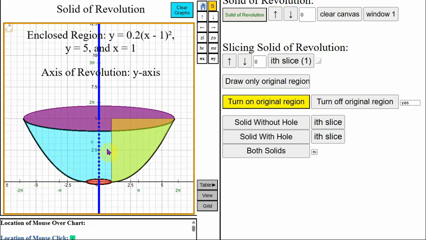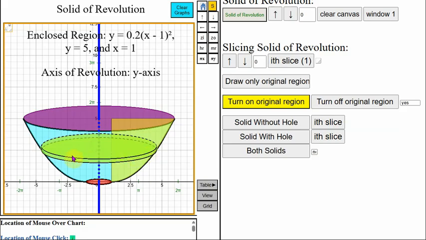And so here's the solid without the hole. So we're going to find the volume of this bowl or this solid of revolution here. And just like before, to find the volume of this solid of revolution, we're going to slice this bowl right here horizontally into many slices, and then find the volume of each slice.